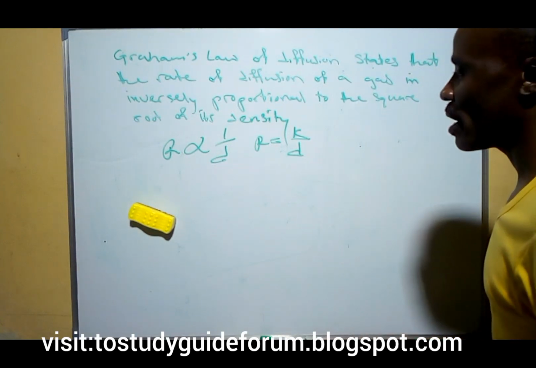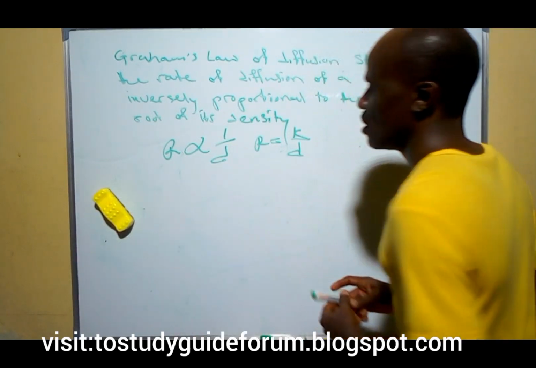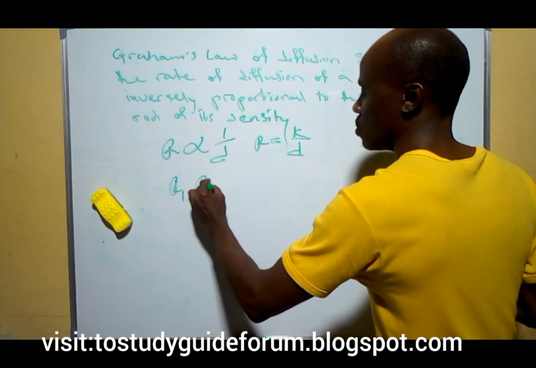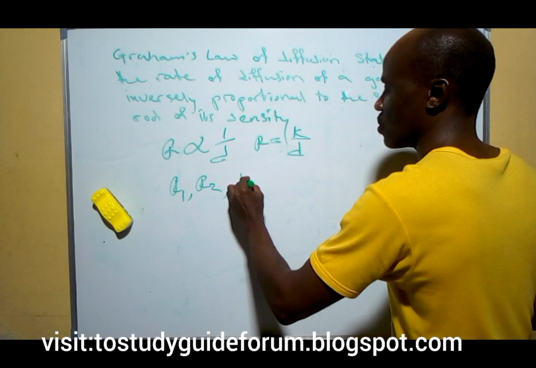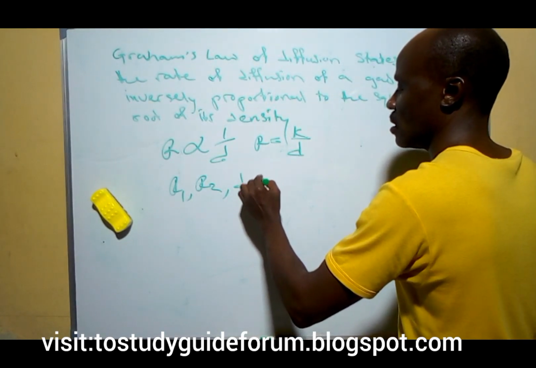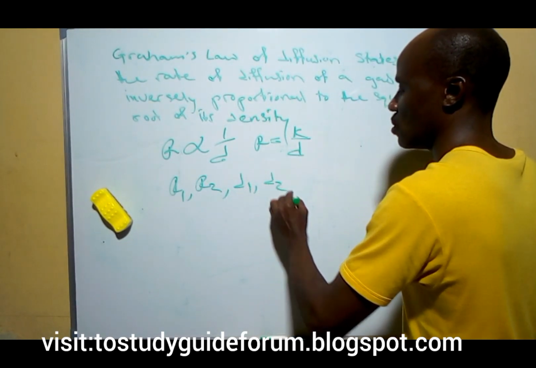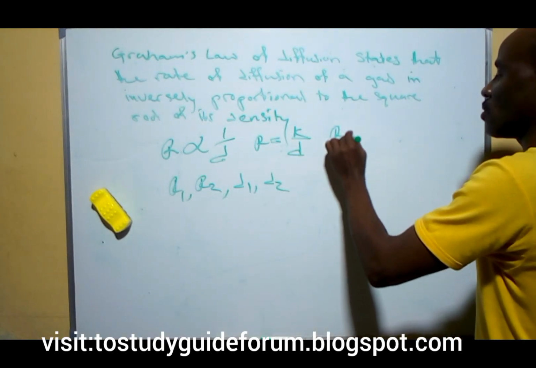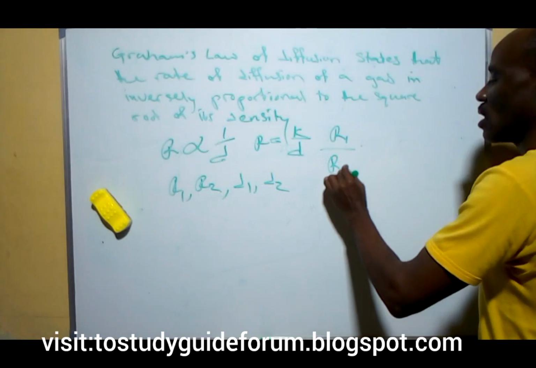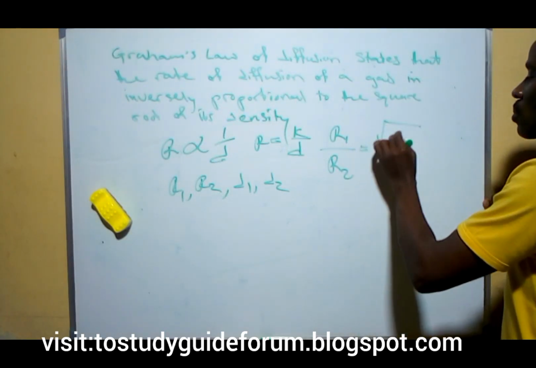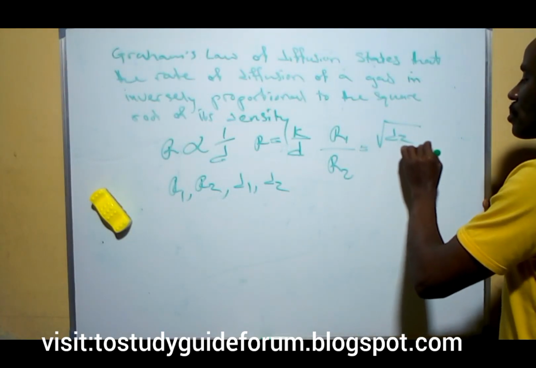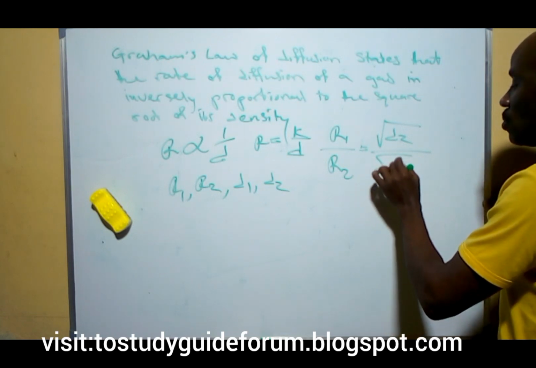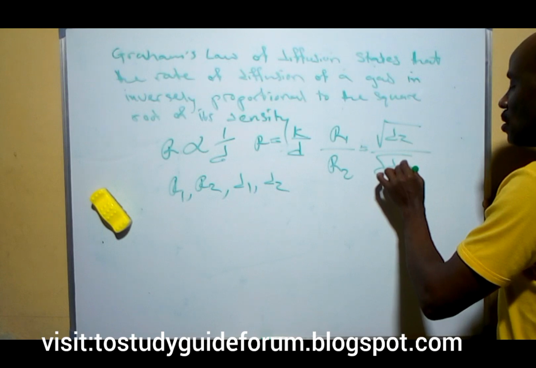So if we are comparing two different gases, let's say the first one is 1 and the second one is 2, and the density of the first one is d1 and the density of the second one is d2, then we can also say that the ratio of the rates of diffusion of the two gases is equal to the square root of the vapor density of 2 over the vapor density of 1.